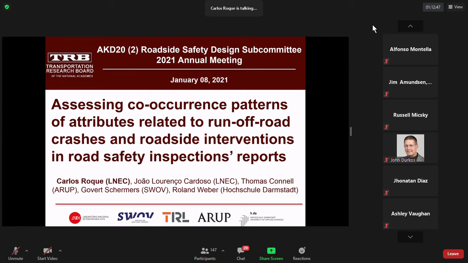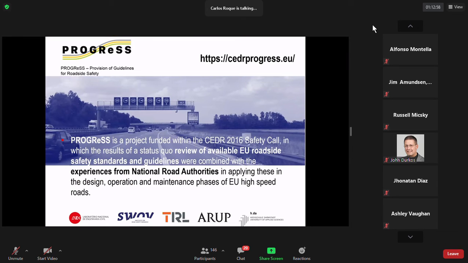So this presentation is about road safety inspections and how we can extract relevant information regarding roadside safety from their reports. This research is part of Progress, a project that was funded by CEDAR, in which the results of a review of available EU roadside safety standards and guidelines were combined with the experiences from national road authorities in applying these guidelines and standards.